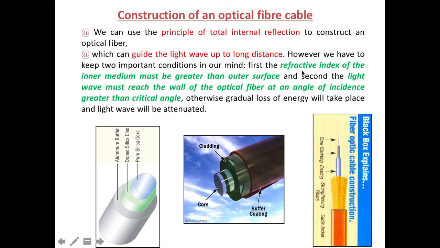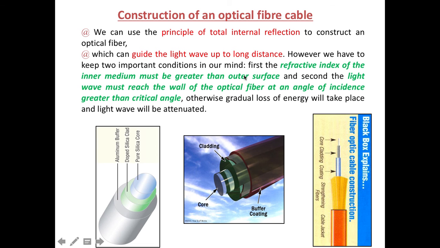First is the refractive index of the inner medium must be greater than the outer surface. Refractive index of the inner medium means the refractive index of the core is greater than the refractive index of the outer surface, meaning the cladding.